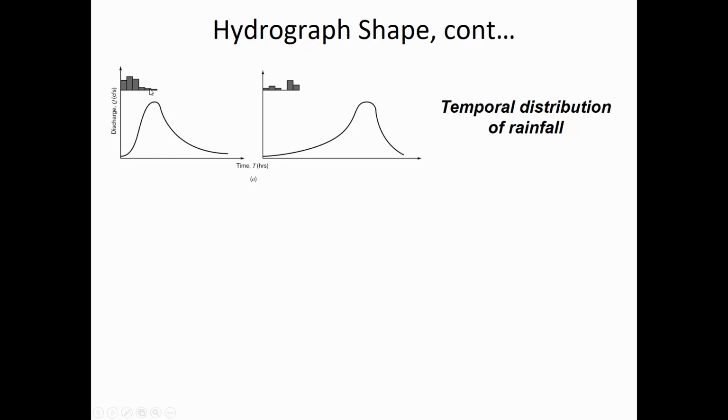Last year's storm could have been one where of that 3 inches, most of it was in the morning, whereas this year's storm, maybe the 3 inches was mostly in the afternoon. And so the stream response could be dramatically different just because of the temporal distribution. So temporal distribution means the variation in amount over time.